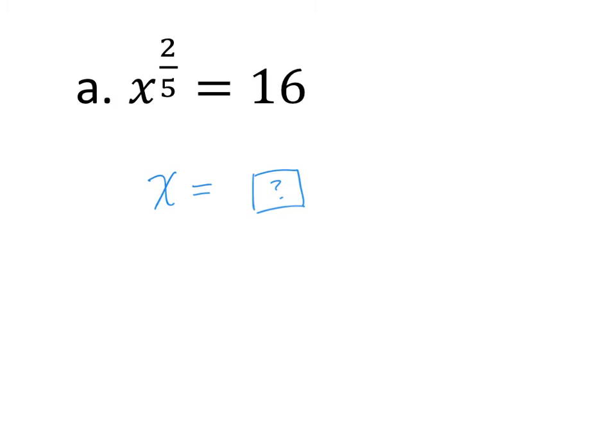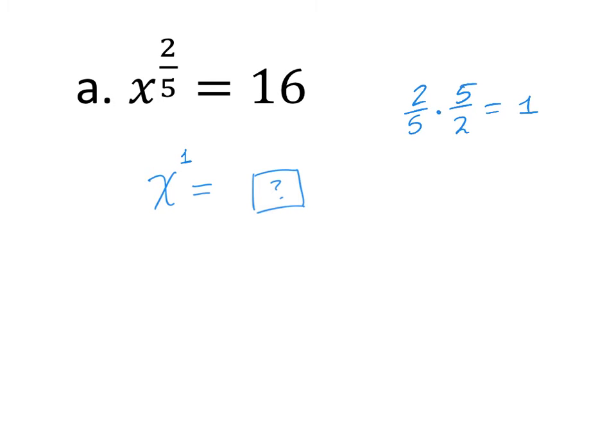some simple number. Well, right now, x has a power of 2/5 on it. And what I want is a power of 1, like I have here. So to get a power of 1, I can use some exponent rules along with a property that says if you take a fraction and multiply it by its reciprocal, you get 1.